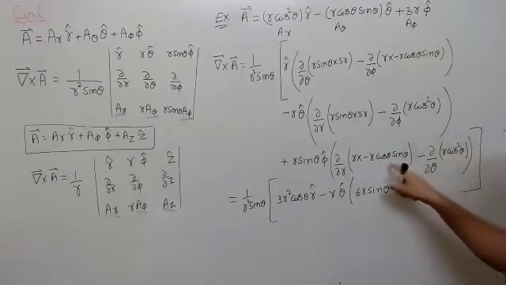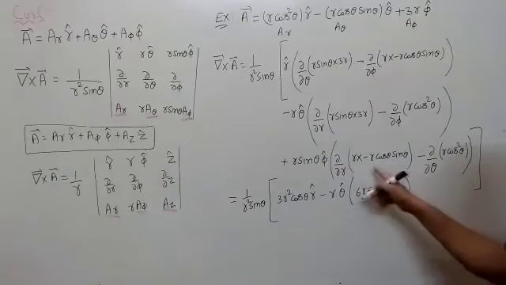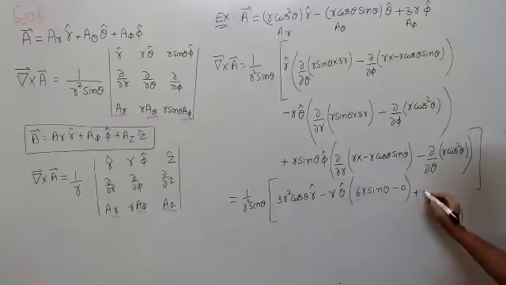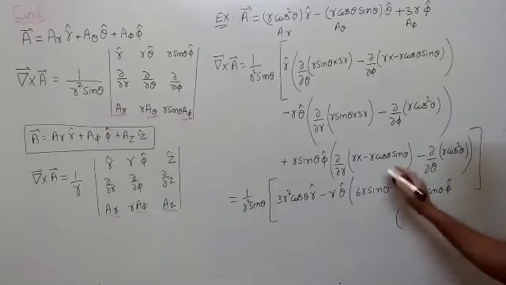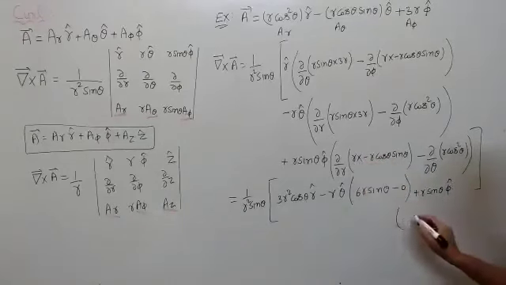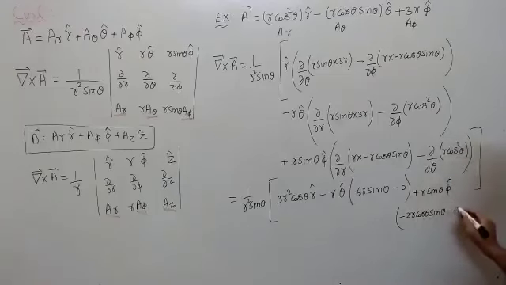And last term will be, this term will give you r sine theta phi cap, and this common term, if you differentiate with respect to r, you will get minus twice r cos theta sine theta, and this will give you minus twice r cos theta, and this will give you sine theta.